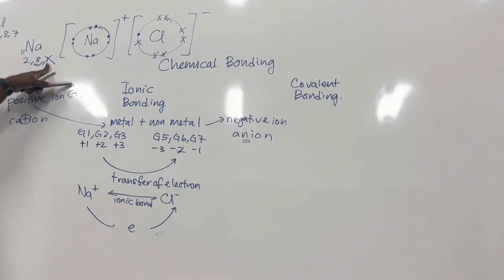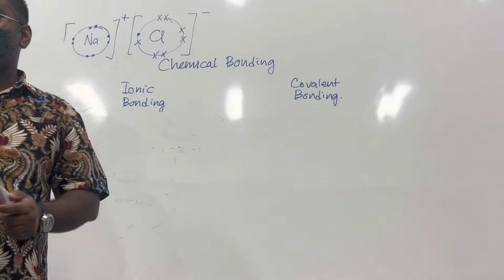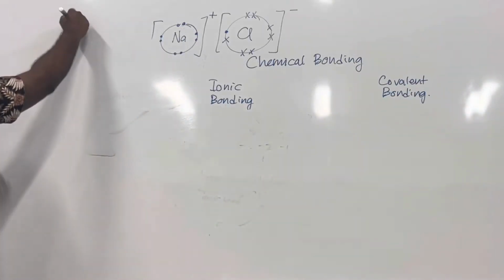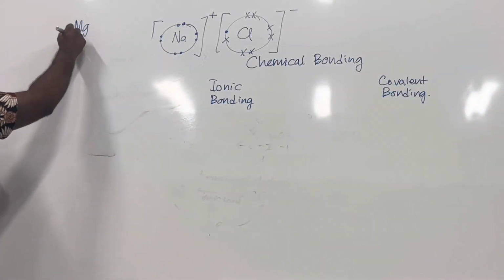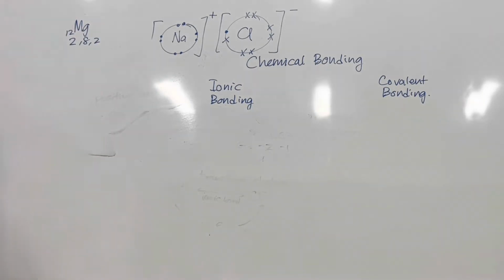Both are accepted. So anyway, now if I'm talking about ionic bonding with magnesium chloride, Mg is 2, 8, 2, group 2, and then chloride, Cl, is 2, 8, 7.